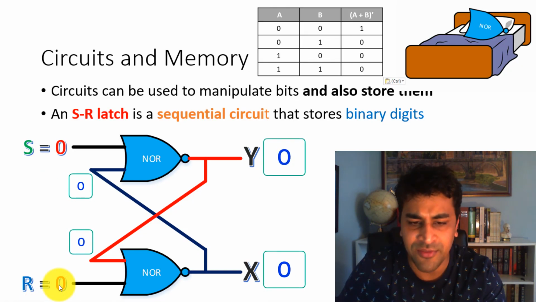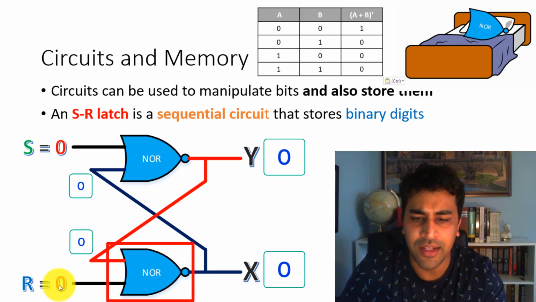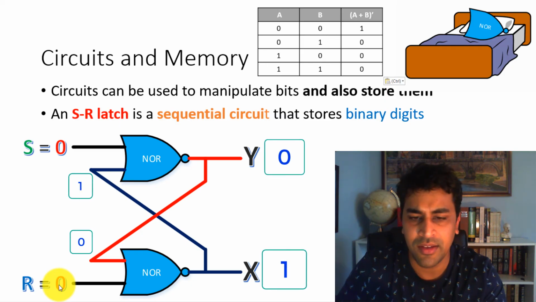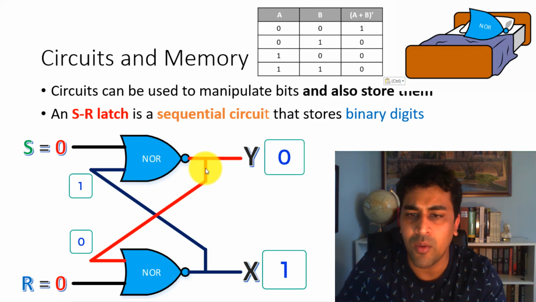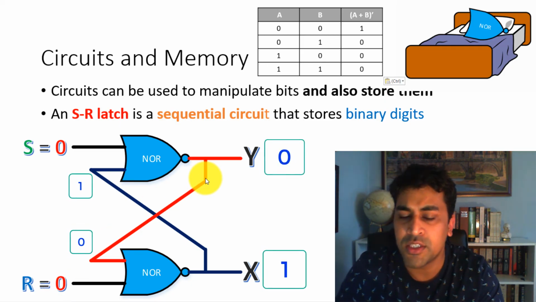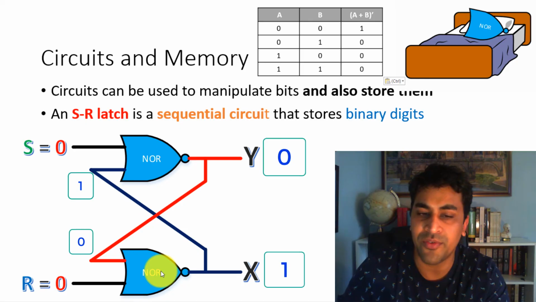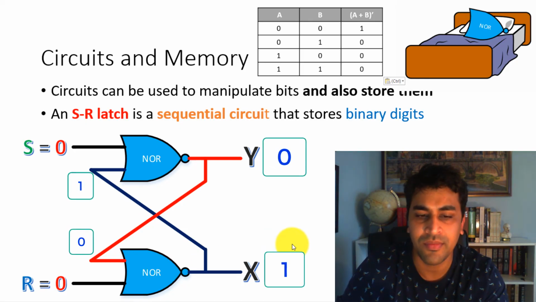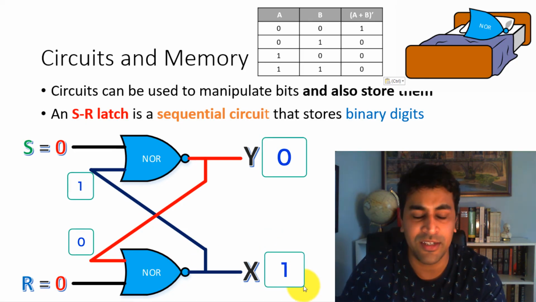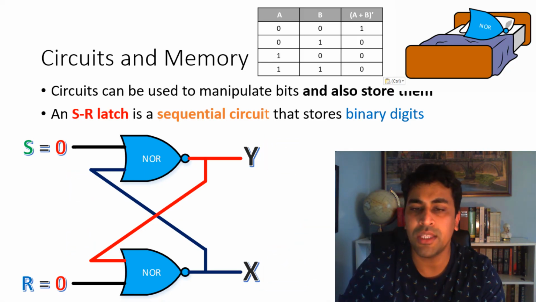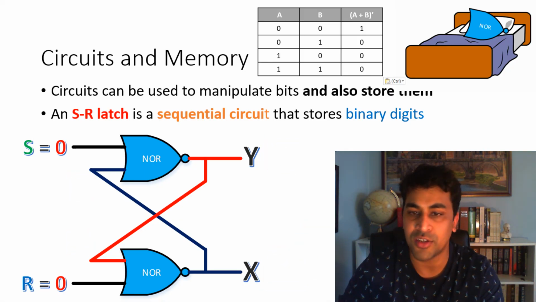If we start computing from this NOR gate, then our X is 1, which would mean if our X is 1, then our Y will have to be 0. So we get different states of the circuit depending on which NOR gate we compute first. This is very problematic because it reduces our reliability for the SR latch. We call it the forbidden state since this state is not to be used.